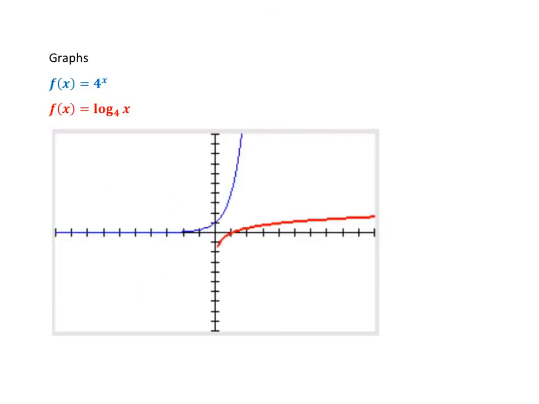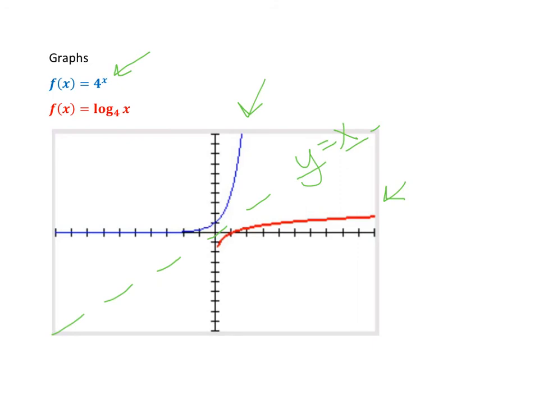Let's look at the graphs. We've called them inverses, and if you remember, inverses are always flipped over the diagonal line, y equals x. And therefore, if I graph my exponential, 4 to the x, I know I can flip it over, put it in the same form, and I'm going to have log base 4 of x.